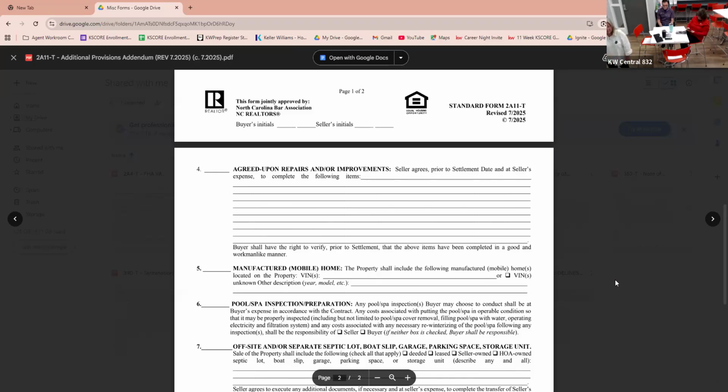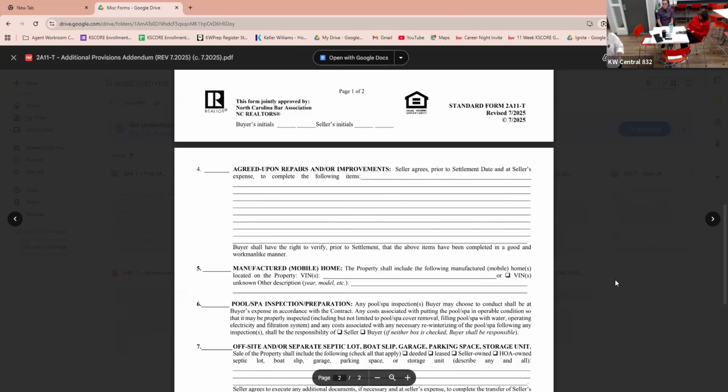It indicates that any cost associated with putting the pool spa in operable condition so that it may be properly inspected, including but not limited to pool spa cover removal, filling the pool with water, operating electricity and filtration system, and any costs associated with any necessary re-winterization of the pool following any inspections is the responsibility of buyer or seller.